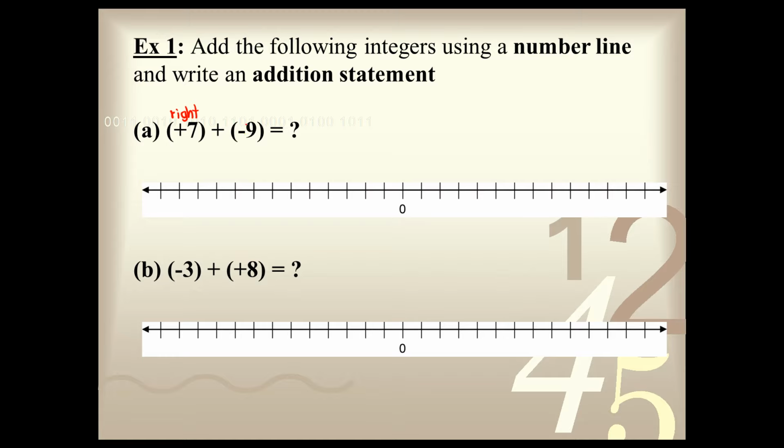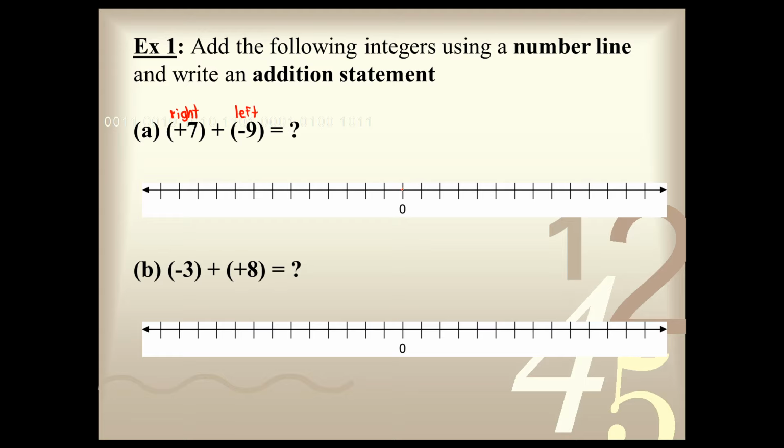Negative 9 on a number line would mean that we're going to go towards the left. The way I would draw this is, again, starting at the origin, we want to draw an arrow to represent the first integer. So the first integer is positive 7. So it means draw an arrow that goes 7 units to the right.